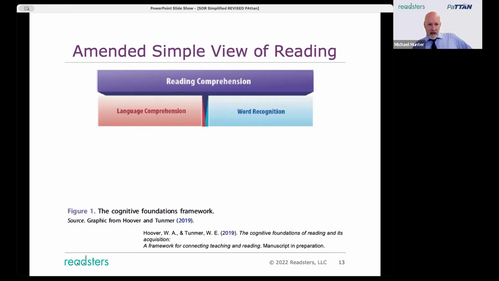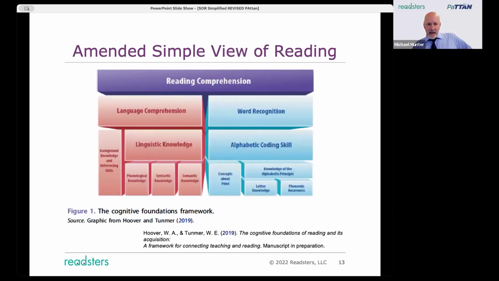But when they did go back, they also looked at it and added to that simpleness of just language comprehension and word recognition making reading comprehension. And they broke down language comprehension into some skills that make up language comprehension and delineated those for us. And in word recognition, they also broke down the skills that underlie the word recognition domain.